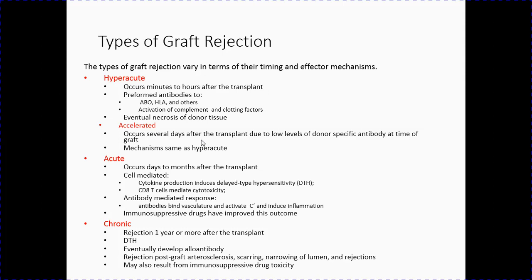There are three major types of graft rejection in terms of timing and their effector mechanisms. The first is a hyperacute response. This occurs minutes to hours after the transplant.